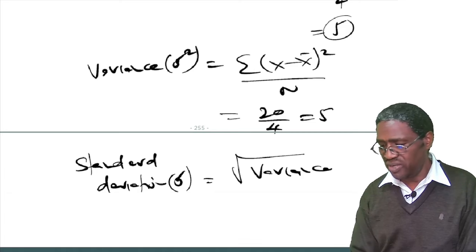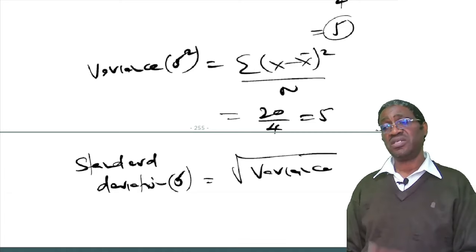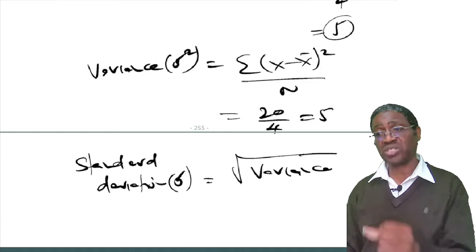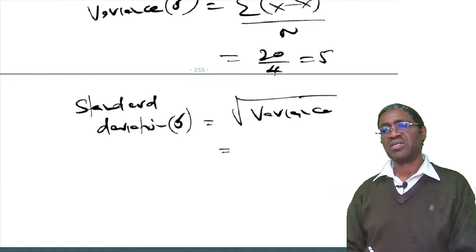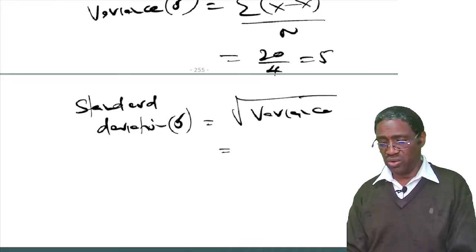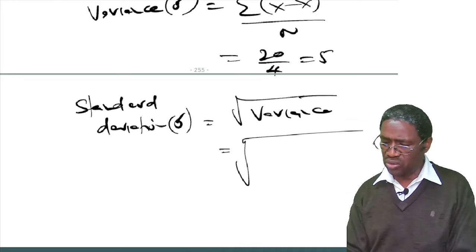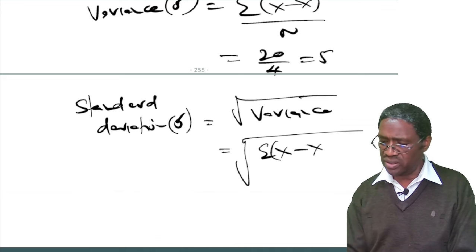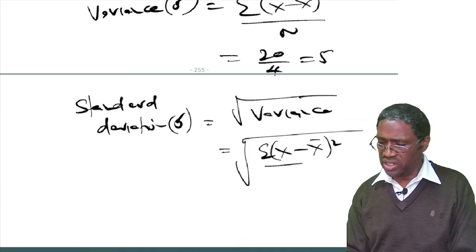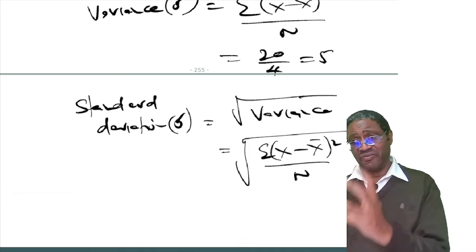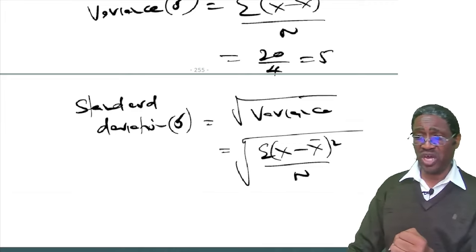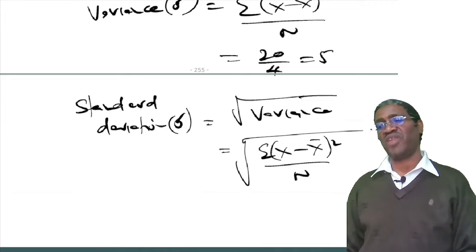You just take the square root of the variance. Now our variance is 5. So it is the same as taking the square root of the summation of x minus x bar squared, divided by n. So you take whatever is the variance, put the formula in the square root, then get the square root of that variance.